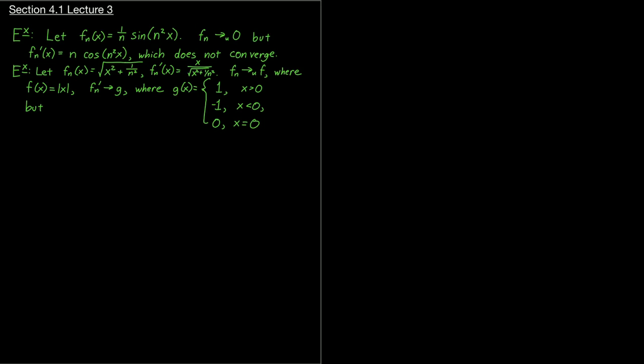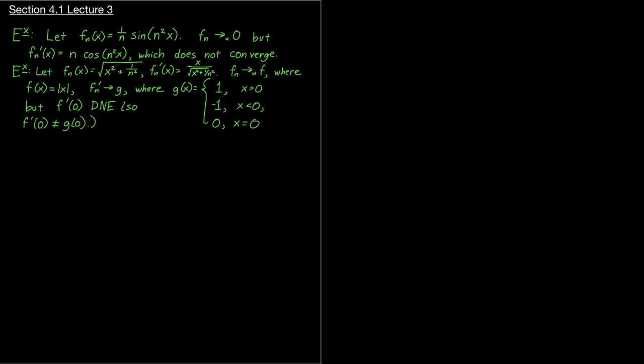But notice that f prime of 0 doesn't exist. So in particular, f prime of 0 is not the same thing as g of 0. The derivative of the limit is often not the limit of the derivatives.